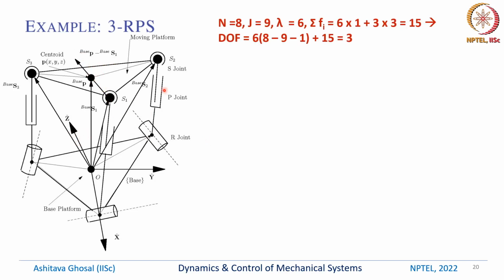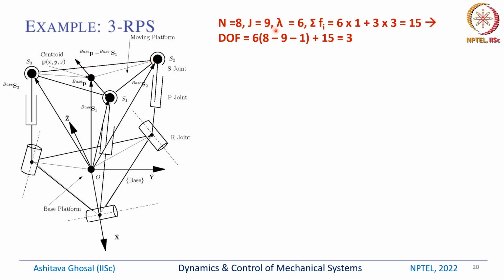So if you look at this 3 RPS parallel system, the number of links is 8. So there is one moving platform, one fixed base, and then there are 2 links in each of these chains. So there is 1 link here and 1 link here. So that is 3 into 2, 6, plus 1 plus 1, 8. The number of joints is 9 because we have 3 rotary joints, 3 prismatic joints and 3 spherical joints.